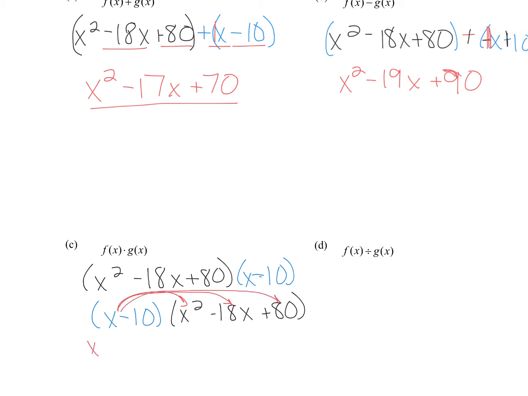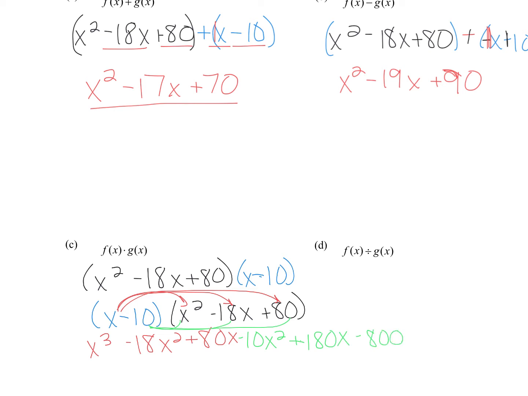We have x cubed minus 18x squared plus 80x. And then our second set of distributions, we have minus 10x squared plus 180x. And then lastly, minus 800.